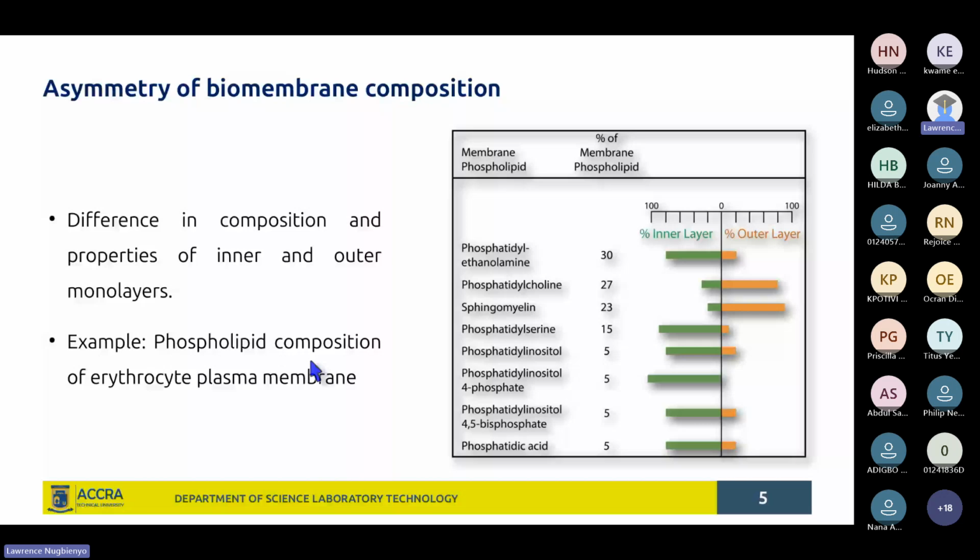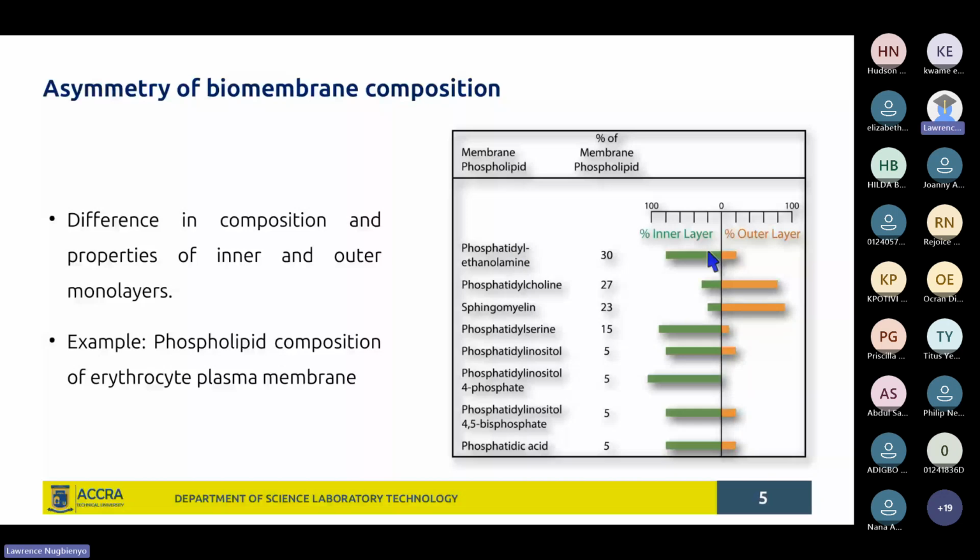And so here too, if you take an example of the red blood cells, and we take a look at the cell membrane of the red blood cells, comparing the inner leaflet or inner monolayer and the outer monolayer, looking at the different lipids in the cell membrane, you realize that you have different compositions. If you take phosphatidylethanolamine, you can see that it is more in the inner layer than in the outer layer.